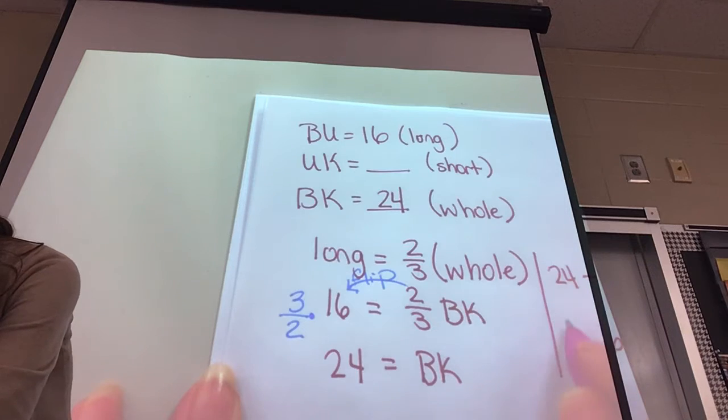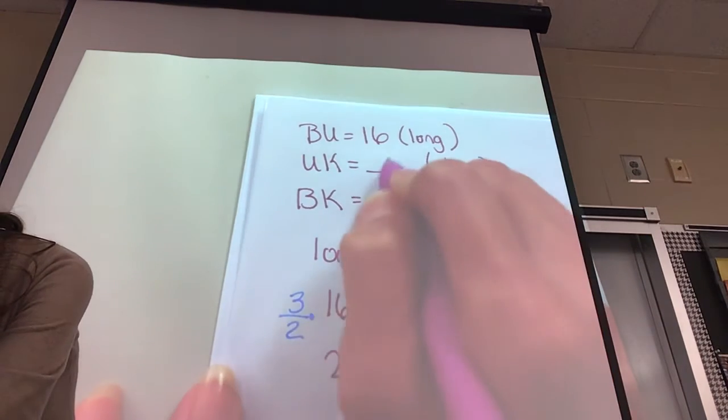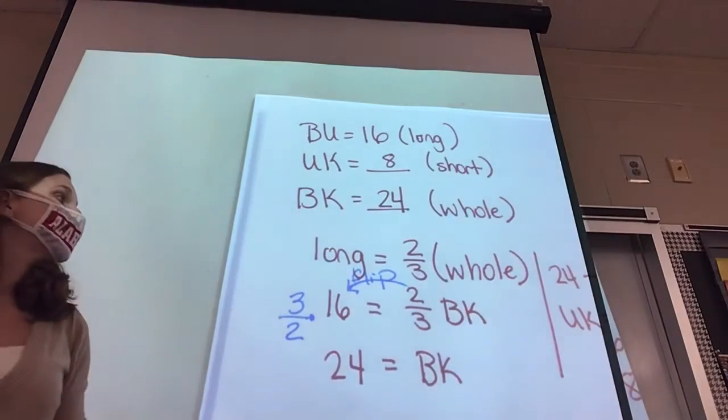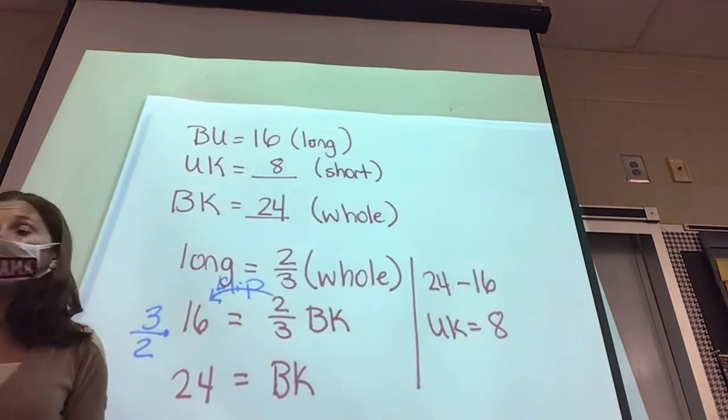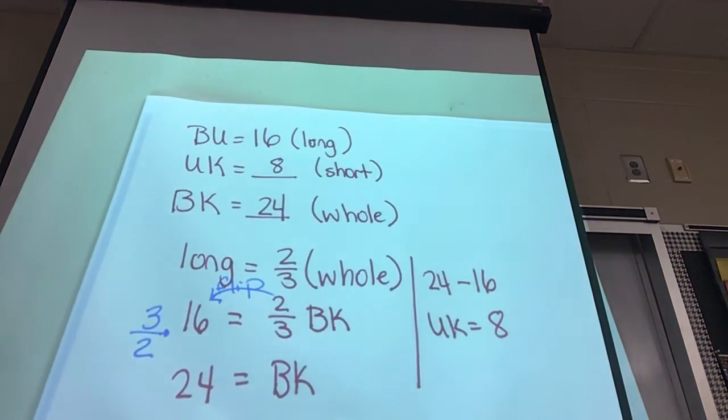So it tells me that UK would be 8. So if I can usually get one of them, the second one is not any problem. But you've got to know how to find the first one.